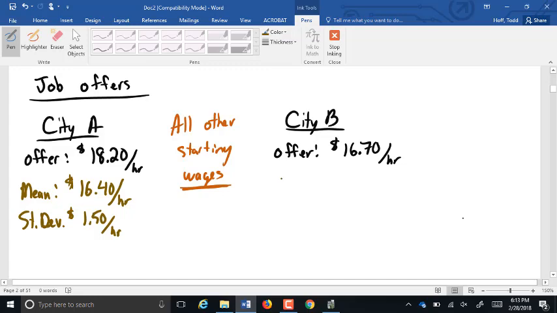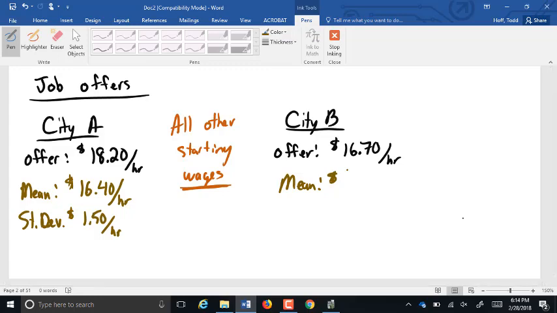In City B, the mean starting wage. I should probably specify in similar fields to the one you're in. You don't want to compare somebody going in as an accountant to somebody who's working fast food or working as an attendant at a gas station or something like that. They're not a fair comparison.